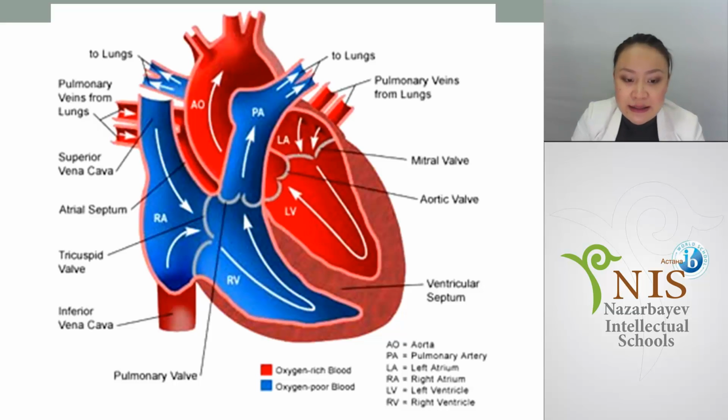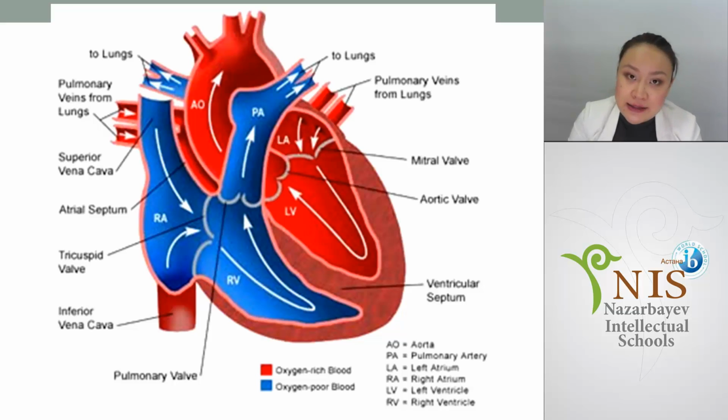Could you find in this picture, in blue color, the letters RA? RA means right atrium. Then on the bottom of that, you could see the letters RV, which mean right ventricle.